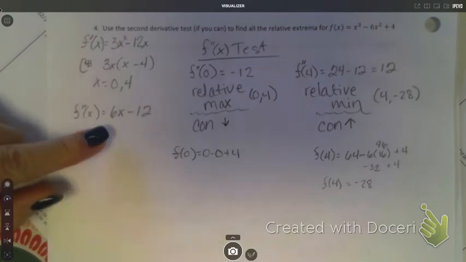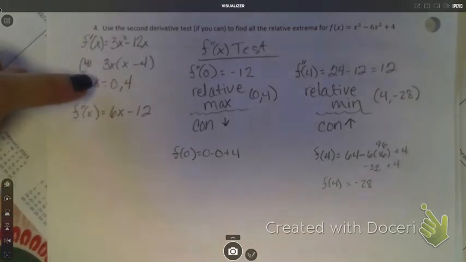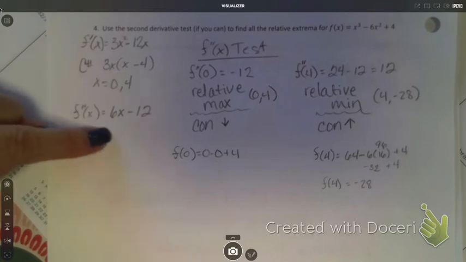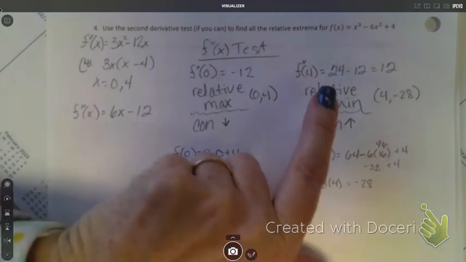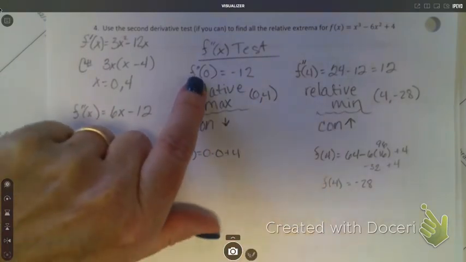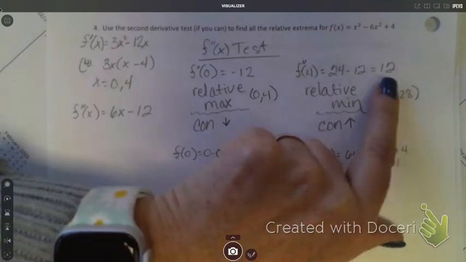So the second derivative test says you have to plug in the critical numbers, so the zeros of the first derivative, into the second derivative. So f double prime of 0 gives you negative 12. F double prime at 4 gives you 12.